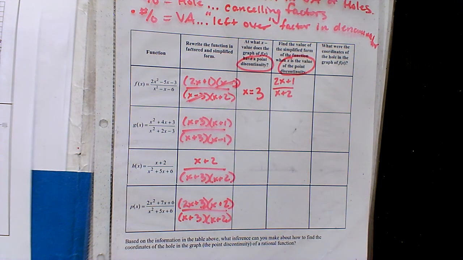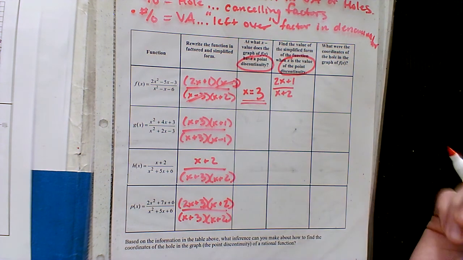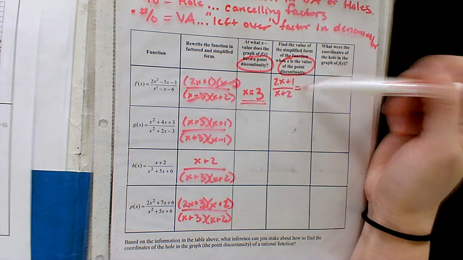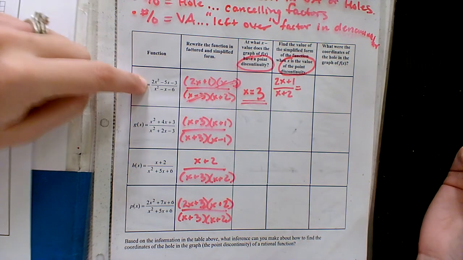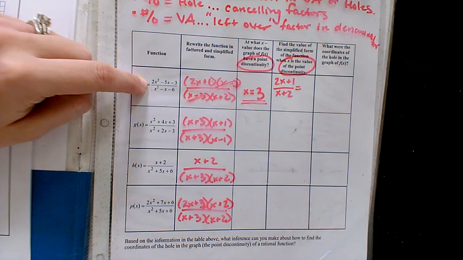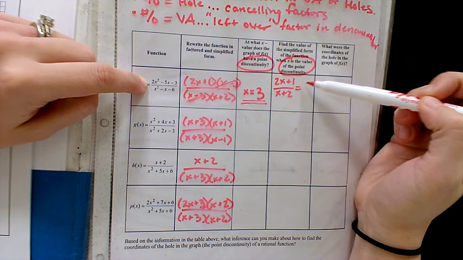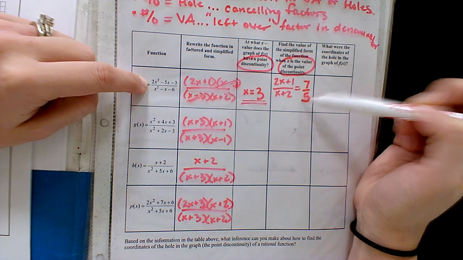So let's see what would happen if we took this location of a hole, the x value of 3, and plugged it into the simplified form. We know if we plugged it into the original, we'd get 0 over 0, because that signifies a hole. But what if we plug it into the simplified form? We would get 7 over 5.